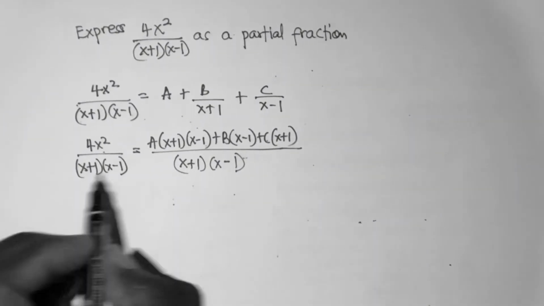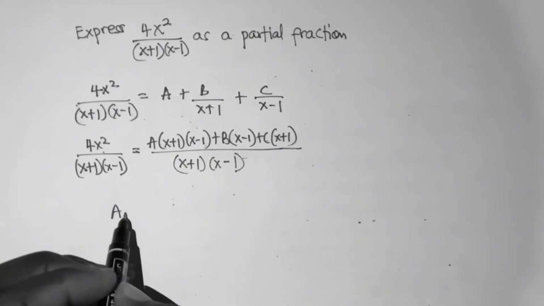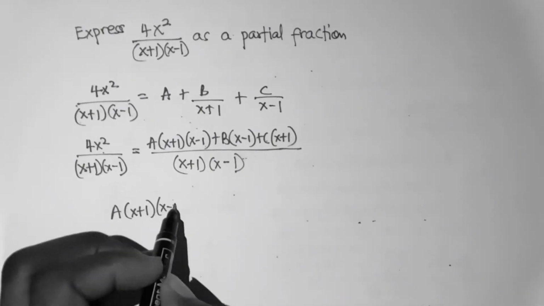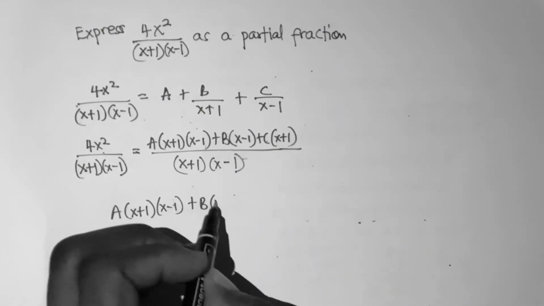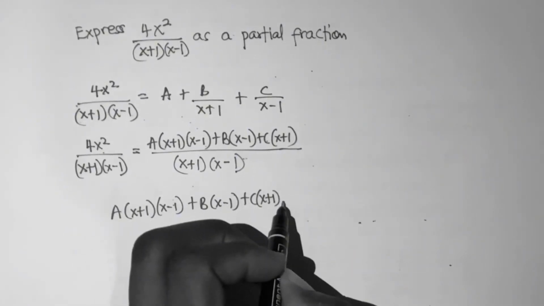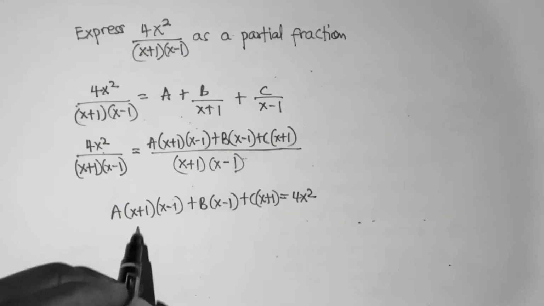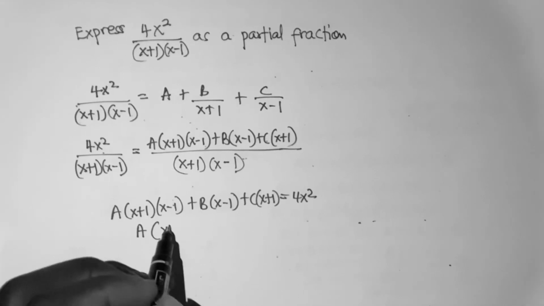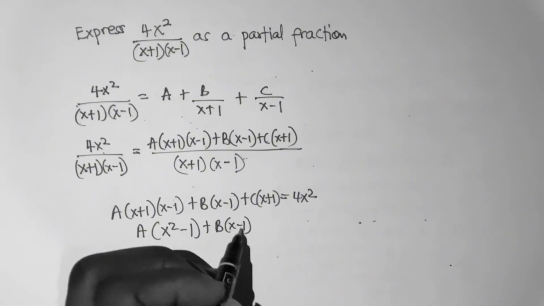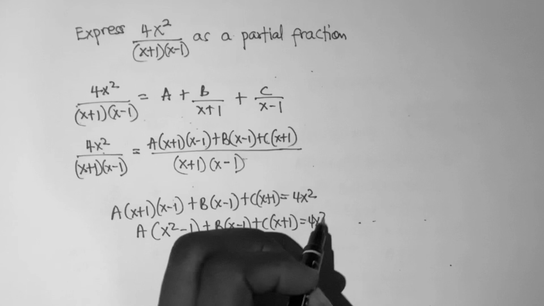So now, since the denominators are equal, we can equate the numerators. So A times x plus 1 times x minus 1, plus B times x minus 1, and plus C times x plus 1 is equal to 4x squared. Now, if we further simplify this, it is A times x squared minus 1, plus B times x minus 1, and plus C times x plus 1 is equal to 4x squared.